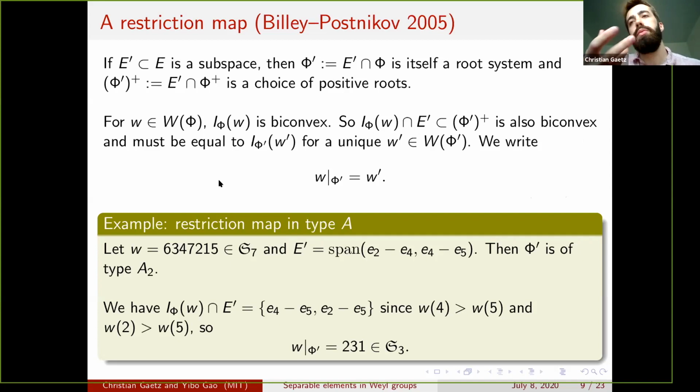And therefore, because biconvex sets are exactly the inversion sets, it must be equal to the inversion set of some unique element of the Weyl group of the smaller root system. If that element is w prime, we write w restricted to phi prime is w prime. In the interest of time, I'm not going to go through this example carefully, but this is essentially showing that this restriction map recovers the usual notion of pattern containment for permutations.